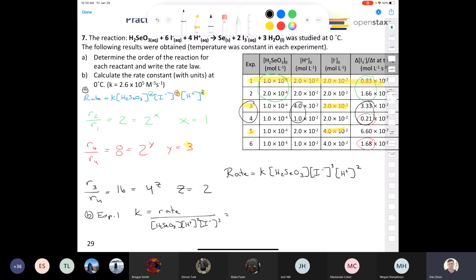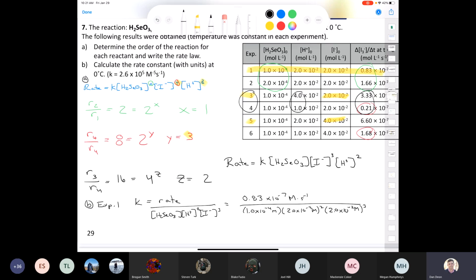I got 0.83 times 10 to the negative 7 moles per liter per second divided by all this: 1.0 times 10 to the minus 4 molar times 2.0 times 10 to the negative 2 molar squared times 2.0 times 10 to the negative 2 molar cubed.